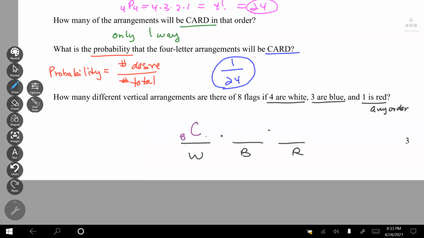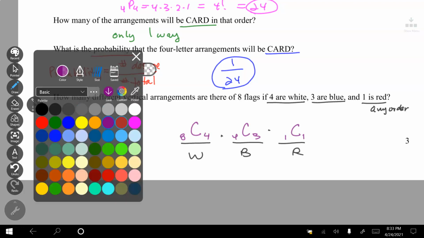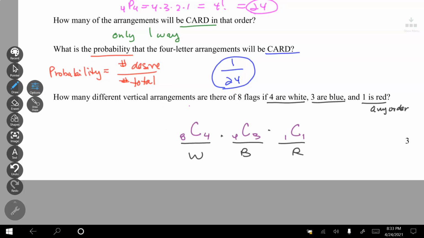Combination, 4 are white. Now I only have 4 flags left over. Combination, 3 are blue, and I only have 1 flag left over, and that 1 is red, and there we go. And I multiply this out. I put them individually in the calculator, and I get 70 times 4 times 1. I have 280 ways in which I can do that.